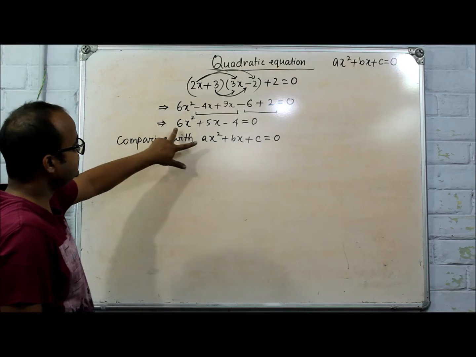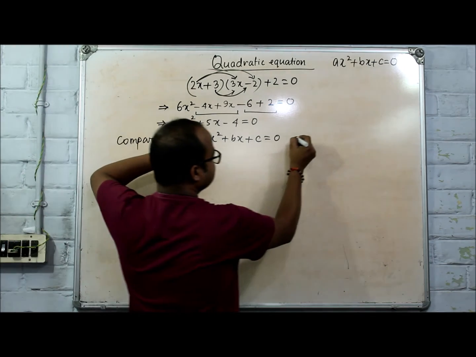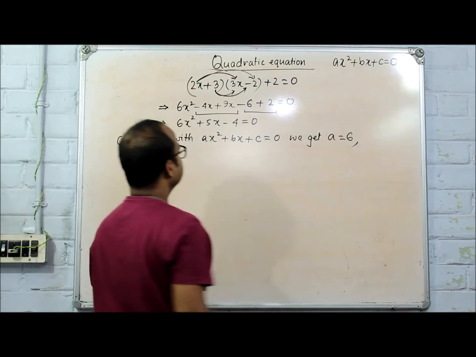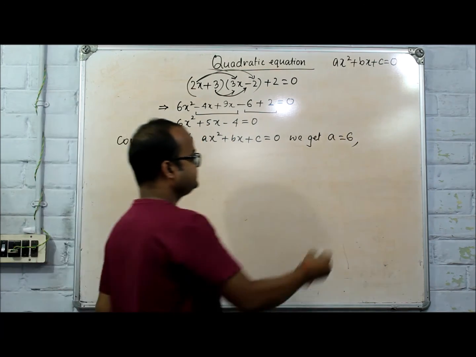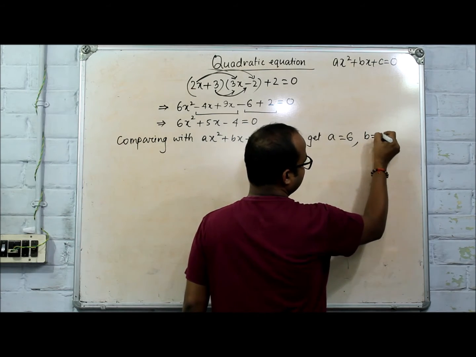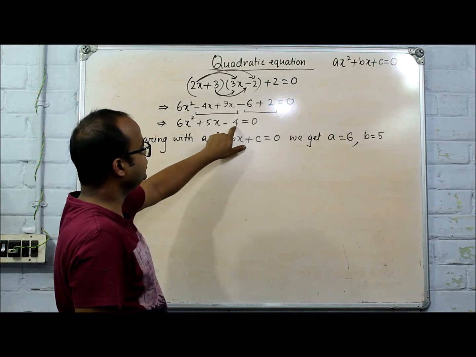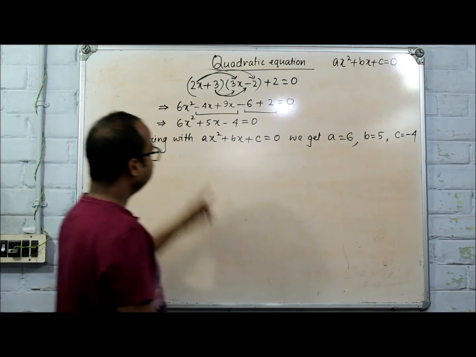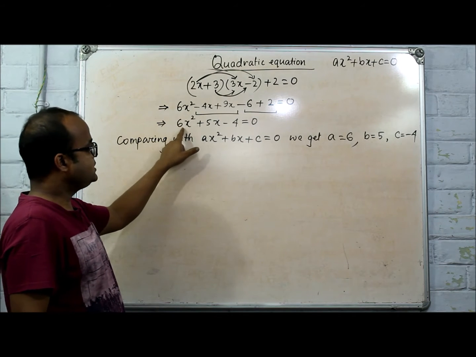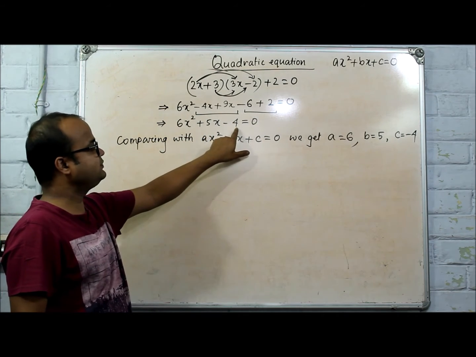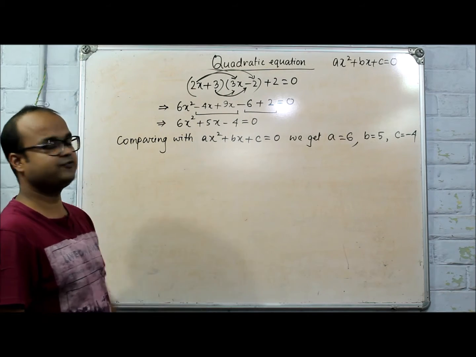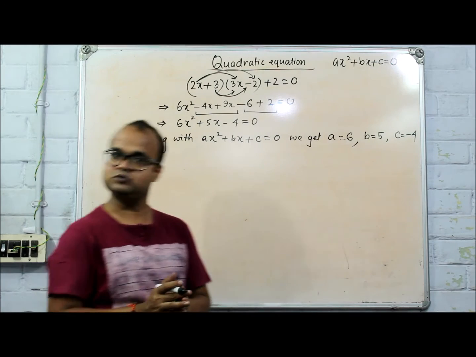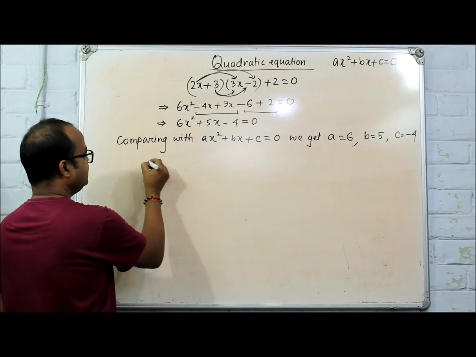So a is equal to 6, b is equal to 5 and c is equal to minus 4. We are comparing 6x square plus 5x minus 4 is equal to 0 with the standard form of the quadratic equation, that is ax square plus bx plus c is equal to 0. Now we apply the formula.